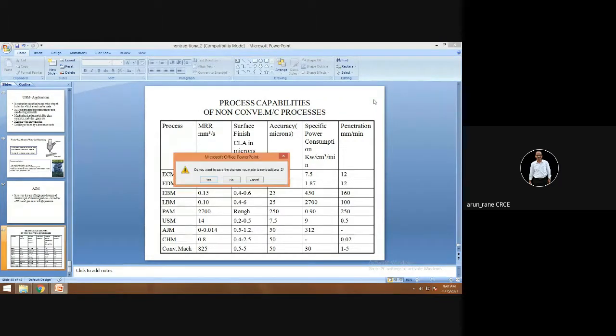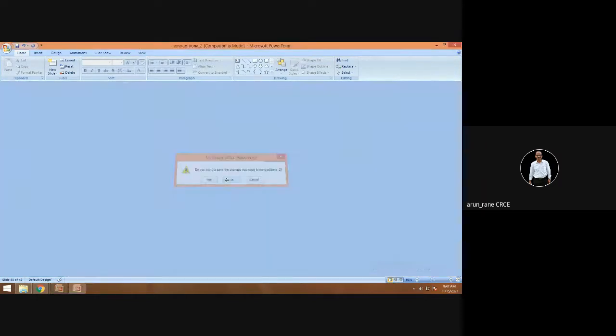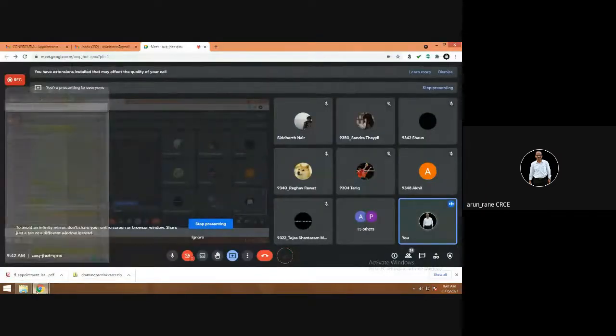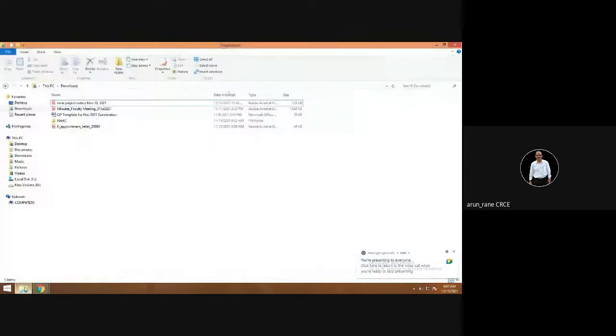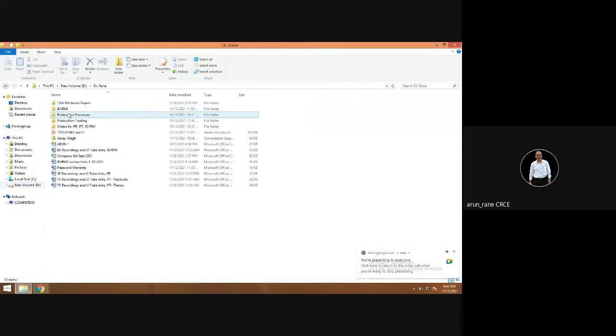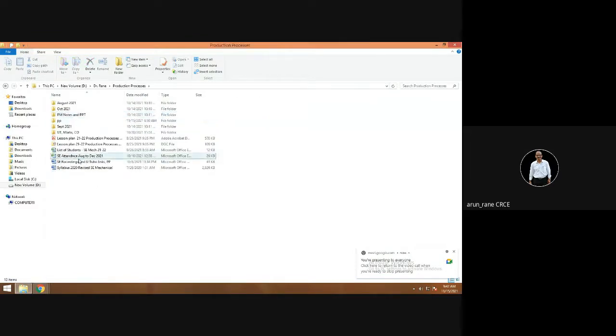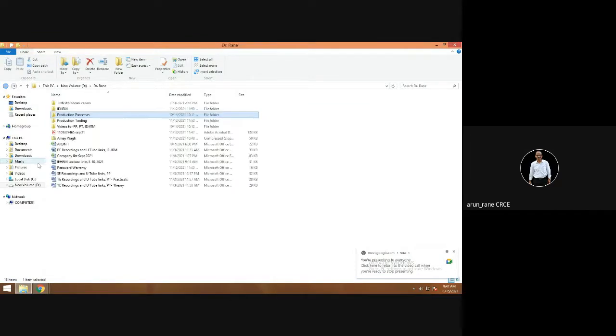Okay, we'll go on now. We'll study EDM in detail because it is in both conventional and unconventional machining. EDM is most important from the examination point of view, and EDM machines are available almost everywhere. Every 5 minutes you walk in any industrial estate, you will find EDM and wire EDM.